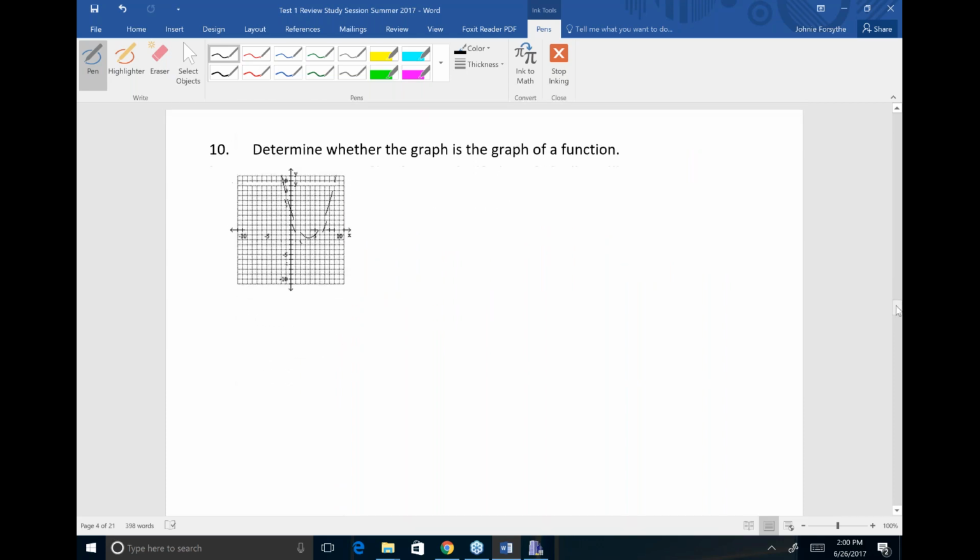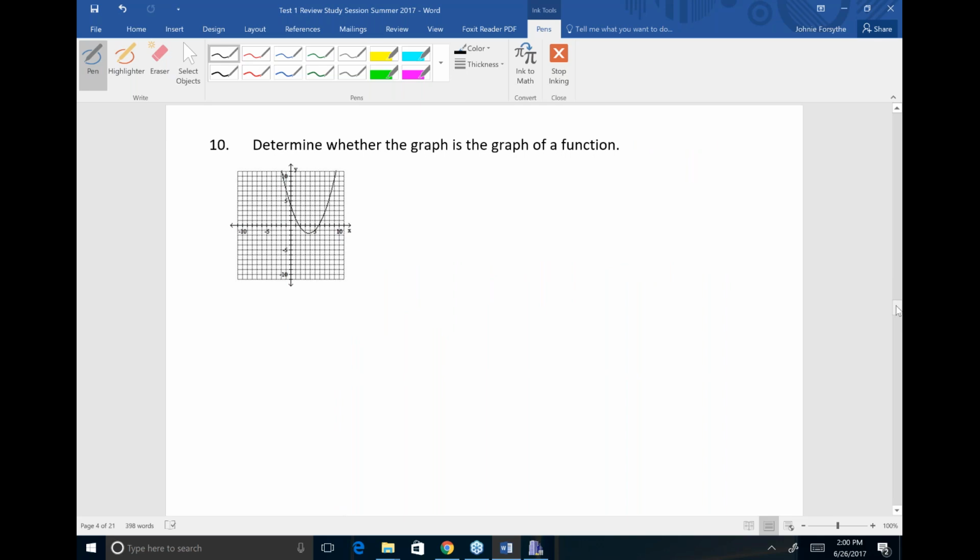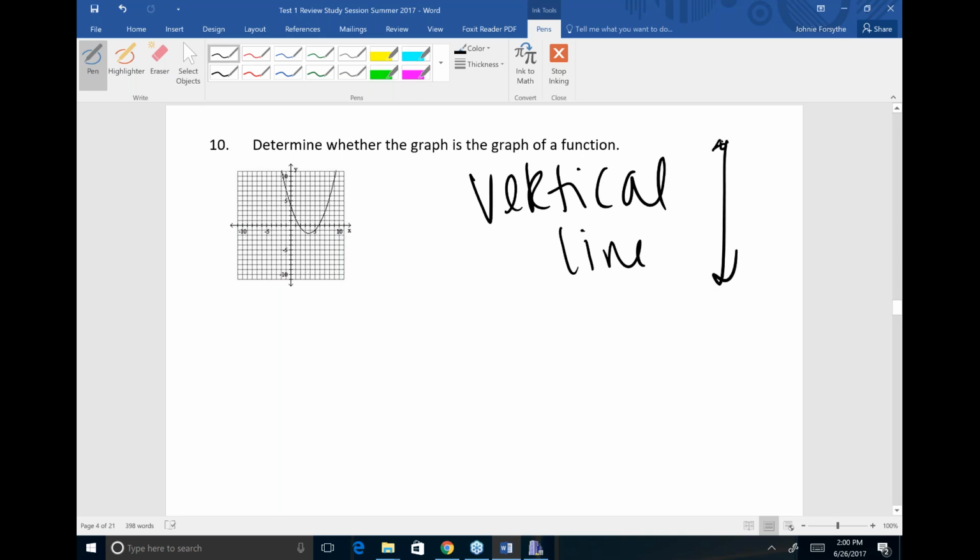If you're given a graph, you can use what's called the vertical line test. All right, so all that means, if you were to take a vertical line, which is up and down, if there is anywhere it will cross your graph more than once on that vertical line, that means it's not a function.